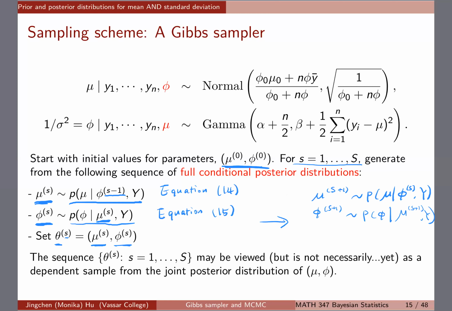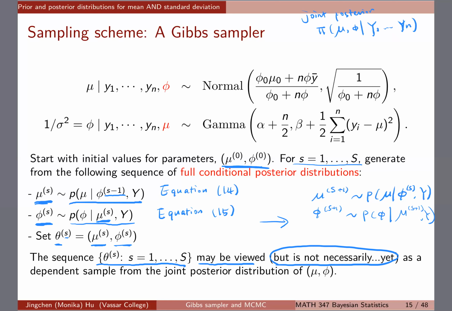So in short, the sequence of parameters that we're going to generate may be viewed, but not necessarily yet, as a dependent sample from the joint posterior distribution of mu and phi. If you remember, our goal is the joint posterior given y1 through yn.